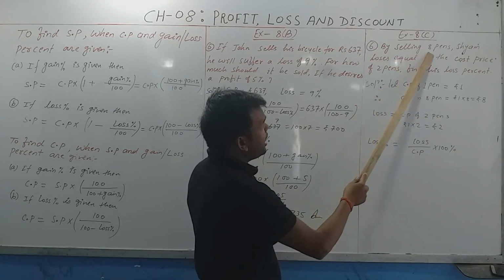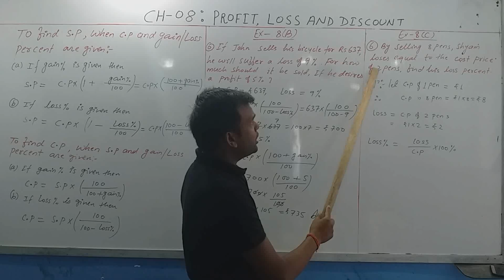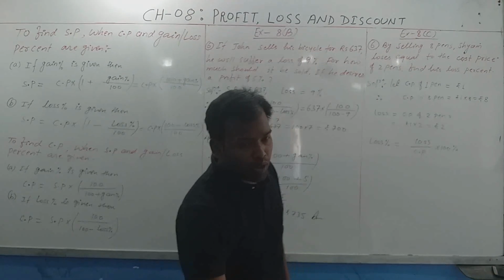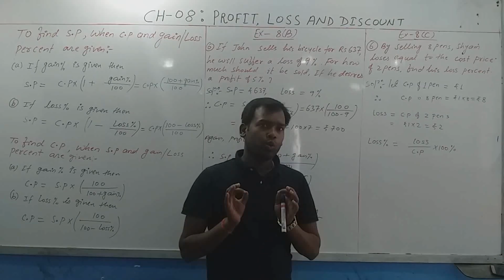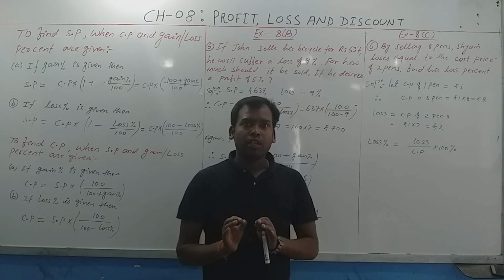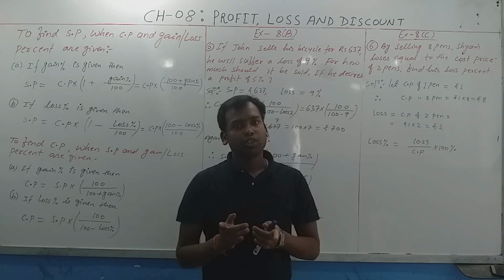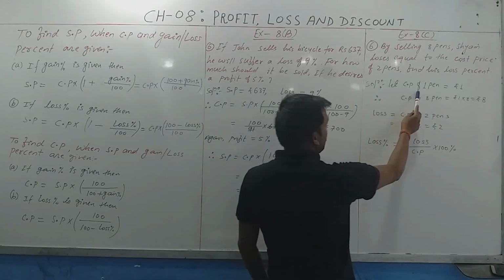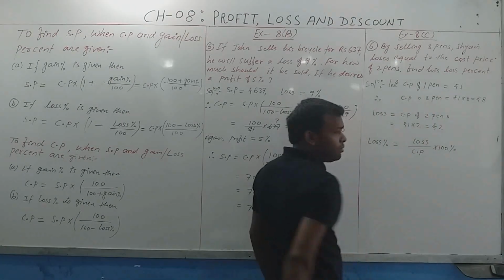By selling 8 pens, Shyam loses an amount equal to the cost price of 2 pens. That means whatever the cost price of 2 pens will be, that will be the loss for Shyam.